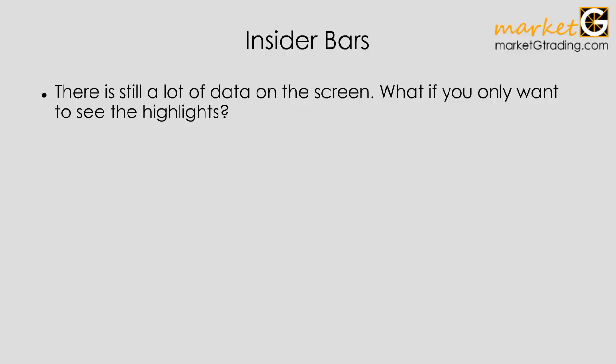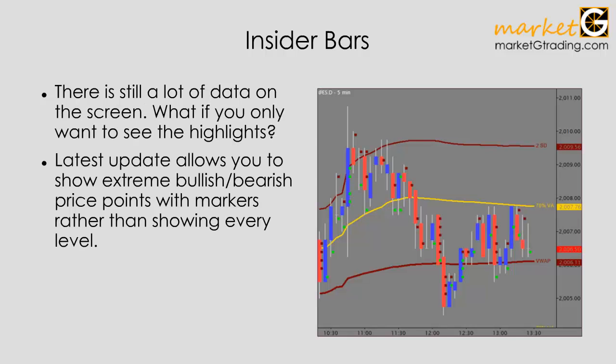Or what if you're like me, also using geometry, and you don't want the order flow stuff to take over your chart completely? The latest update allows you to show bullish, bearish price point extremes with markers rather than having to show every level as in the previous examples.